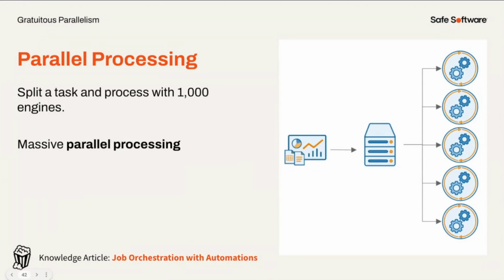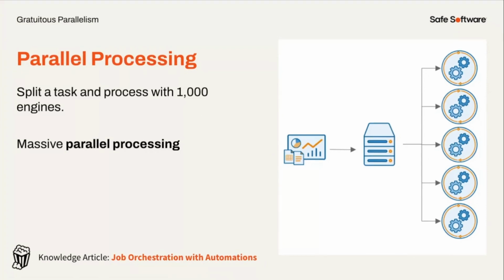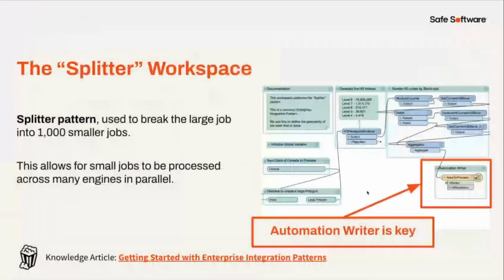So this will multiply the number of engines that you can scale to as well, because the primary control plane is not going to be handling all those engines. It's going to be handling big bulks of engines. So rather than 1,000 individual engines it has to talk to, it can now be talking to 50 remote engine services, and each of those can scale up. So it takes the scaling to a completely different level.